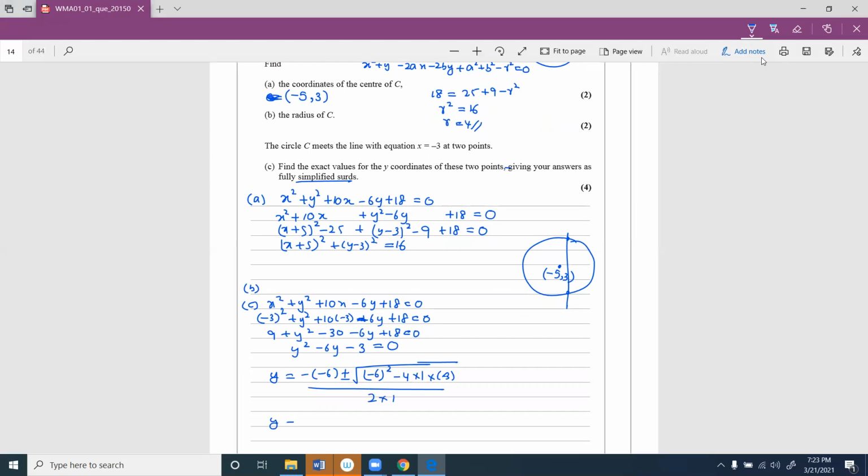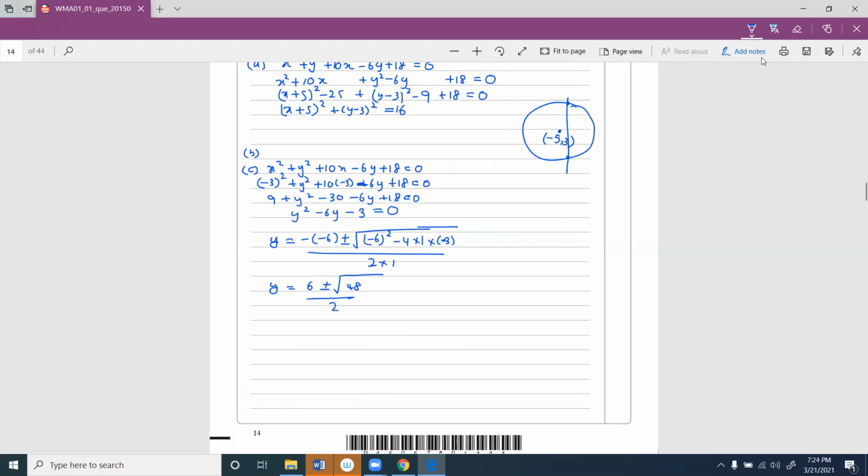Then y equals 6 plus or minus the square root of 36 plus 12, which is 48, divided by 2. The square root of 48 is 4 root 3. Y equals 6 plus or minus 4 root 3 divided by 2. Therefore, y equals 3 plus or minus 2 root 3.